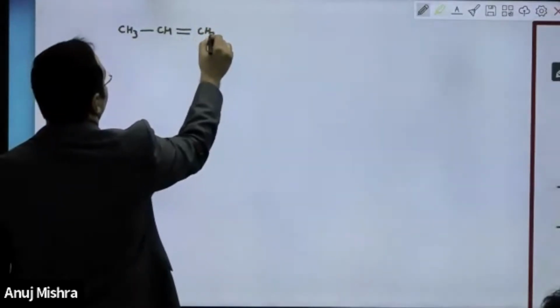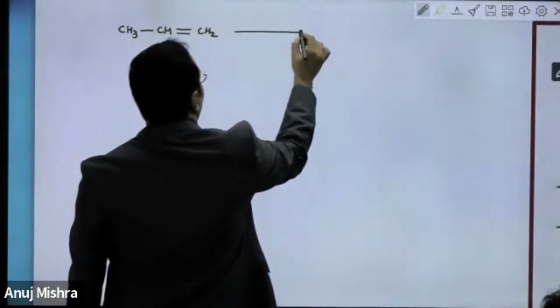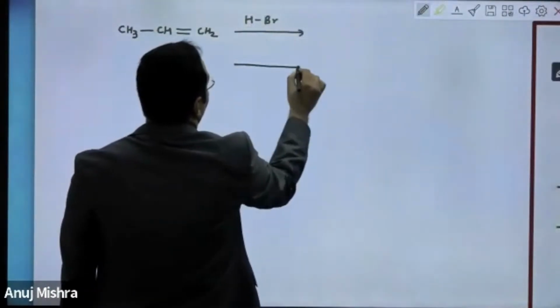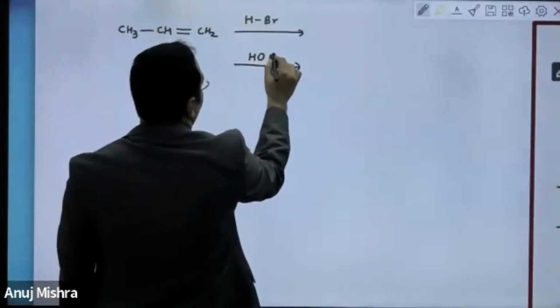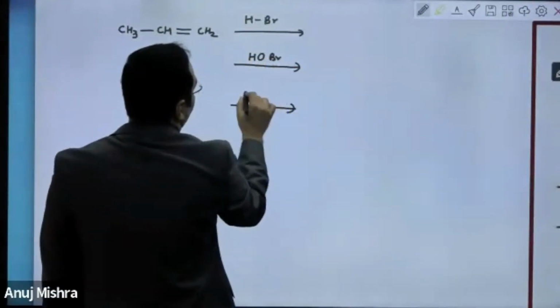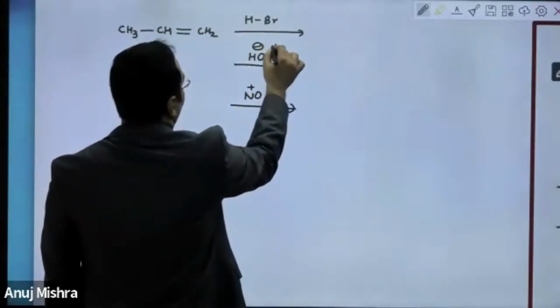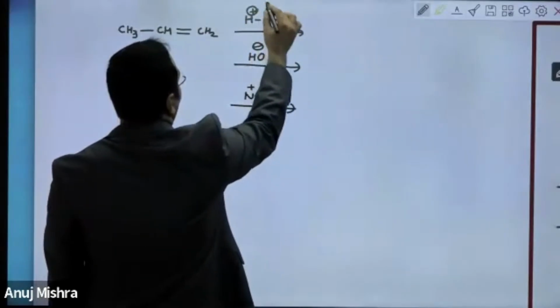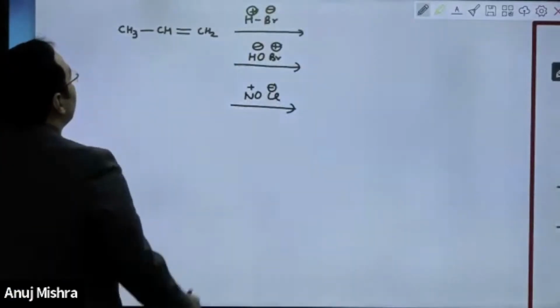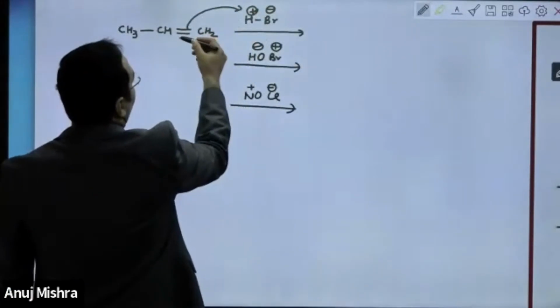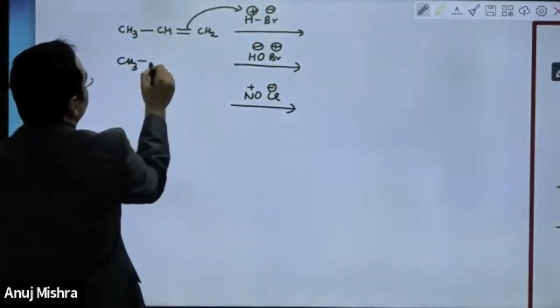CH3, CH double bond, CH2. Do it once, because I feel some people are in doubt and not very sure, so let's do it quickly. I am talking about this. Do you remember? So what do we do in this case? First, double bond goes and attacks the plus part. Okay, in this case, where is the plus part?